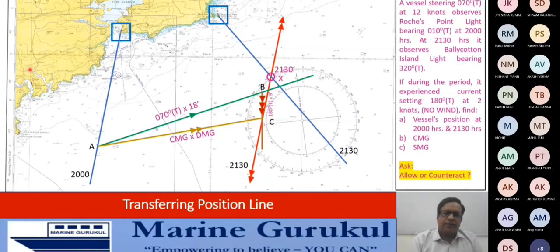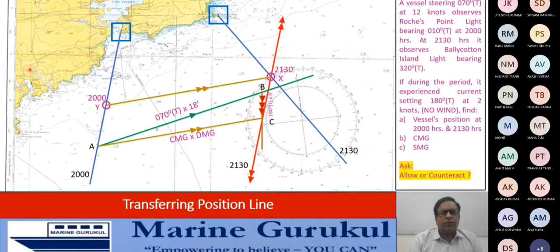Again, like the previous questions, she would have moved along her CMG track in reaching this position. So we transfer the CMG through 2130 position, where it cuts the 2000 PL, that becomes point Y and 2000 fix.